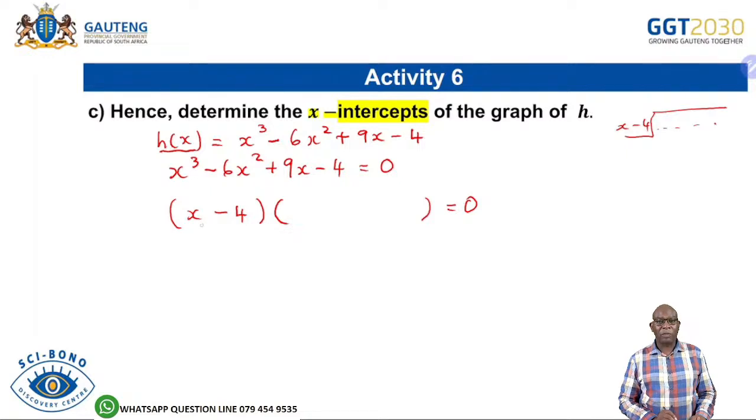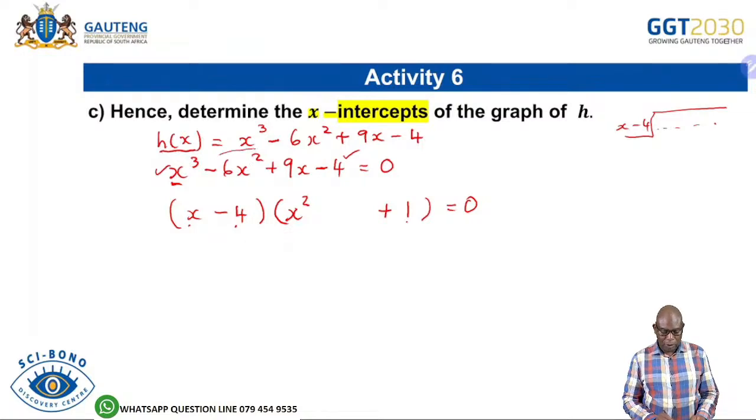We have x minus 4 as one factor. For me to get x cubed, I must put x squared here, because x squared times x will give me x cubed. For me to get a negative 4 from negative 4, I need a plus 1, so minus 4 times plus 1 will give me a negative 4. Then I look at this one here.